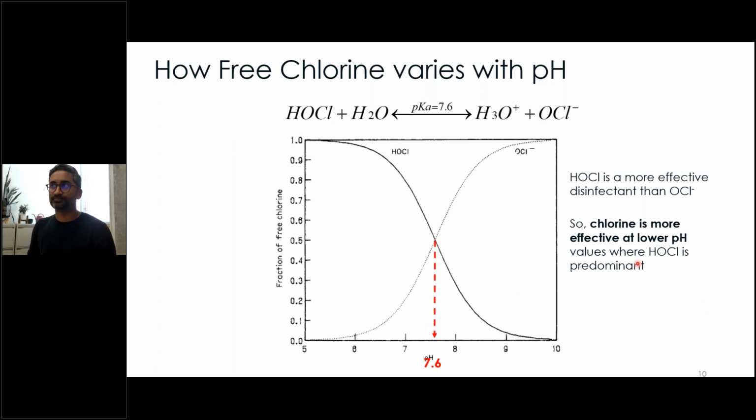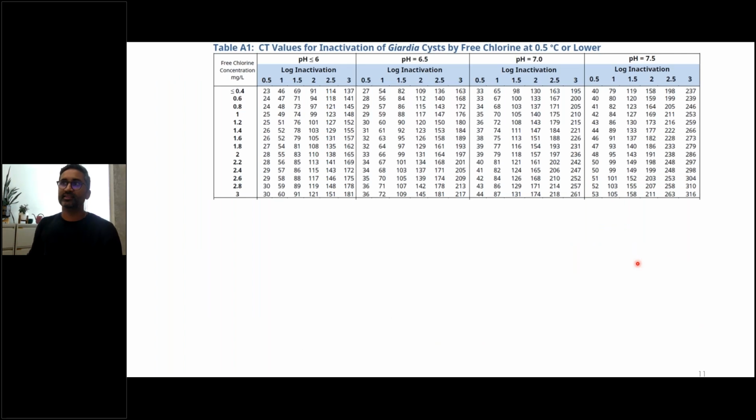So if we look at a table in our guidelines, again looking at CT values, all of these numbers underneath this blue heading, from 23 to 316, are different CT values for the inactivation of Giardia. We'll get into temperature in a second, but all you need to see is that if your pH is less than 6 versus 6.5 versus 7 versus 7.5, the numbers are getting bigger as the pH is increasing.